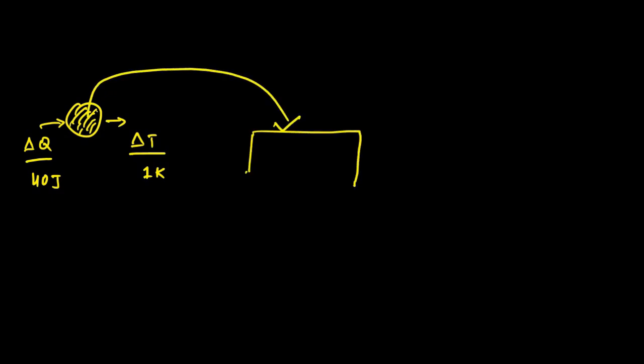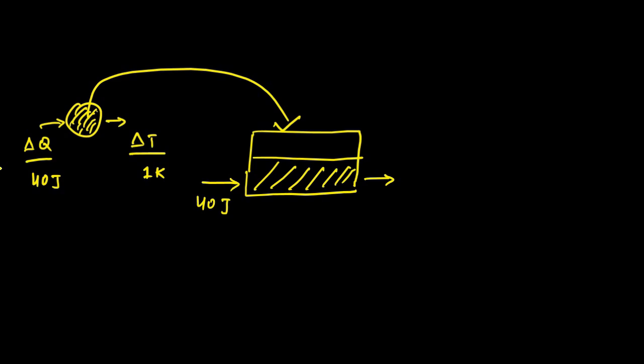Okay, let's go for numerics. So let's say 40 joules of energy causes a temperature increase of 1 Kelvin. So we have to find out an equivalent mass of water for which if we supply 40 joules, it will also cause a 1 Kelvin change in temperature.